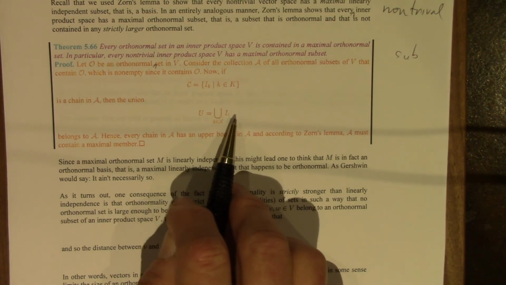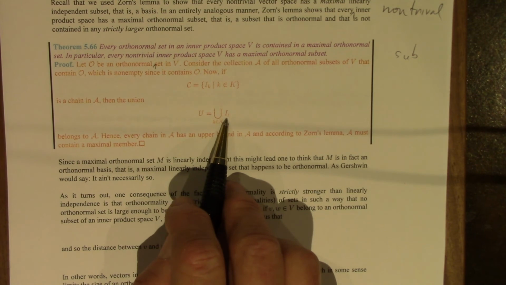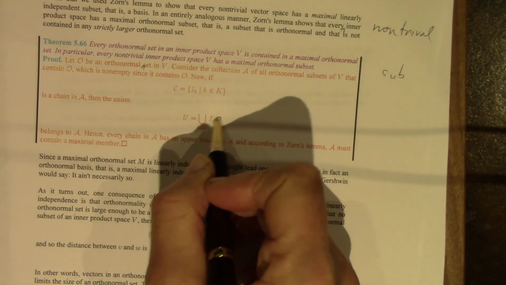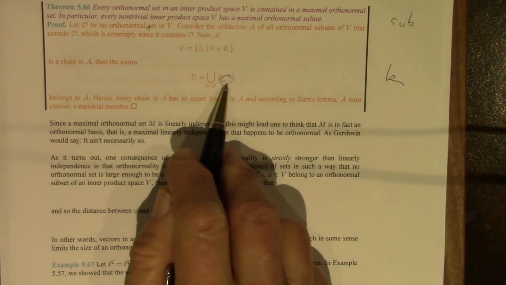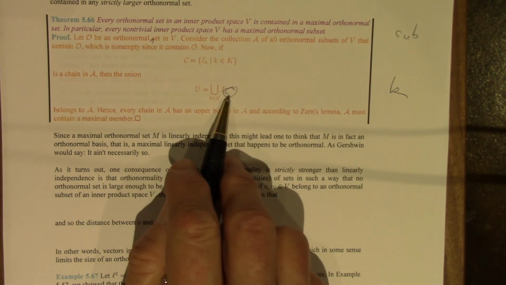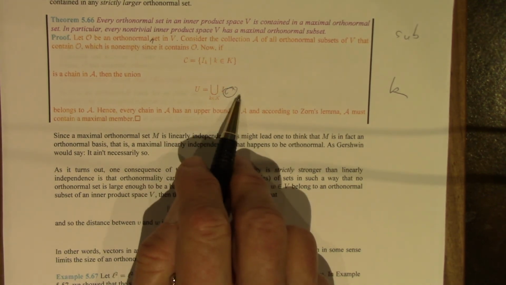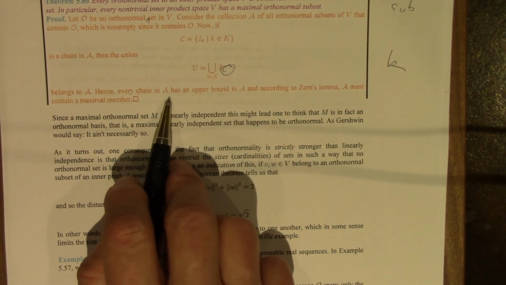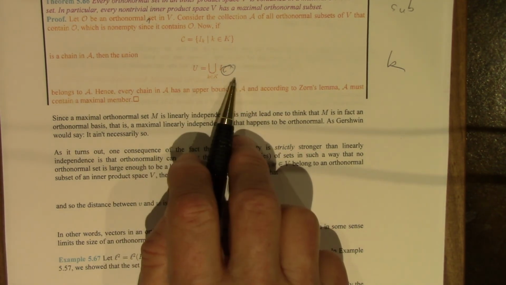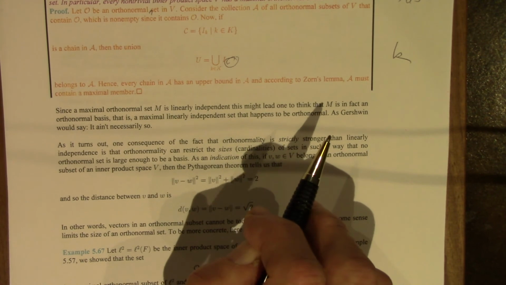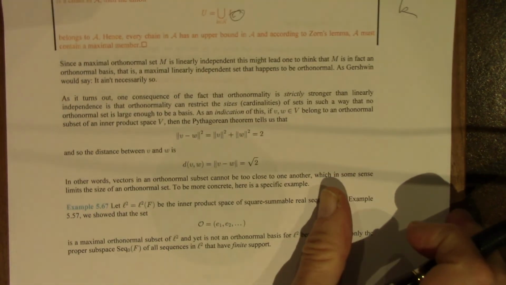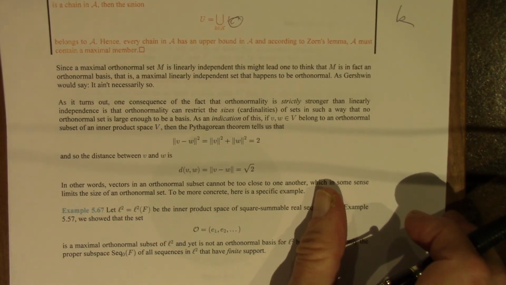It is orthonormal, and it contains O. It obviously contains O because each of the I sub k's that I have there, I think I have to change that to a k, each of those contain O. What's left is to show that the union is orthonormal, and I'll let you ponder that. So every chain in the family has an upper bound. This is an upper bound, certainly, the union. And so Zorn's lemma tells us that A must have a maximal member. So once you've got a handle on Zorn's lemma, this is pretty straightforward.